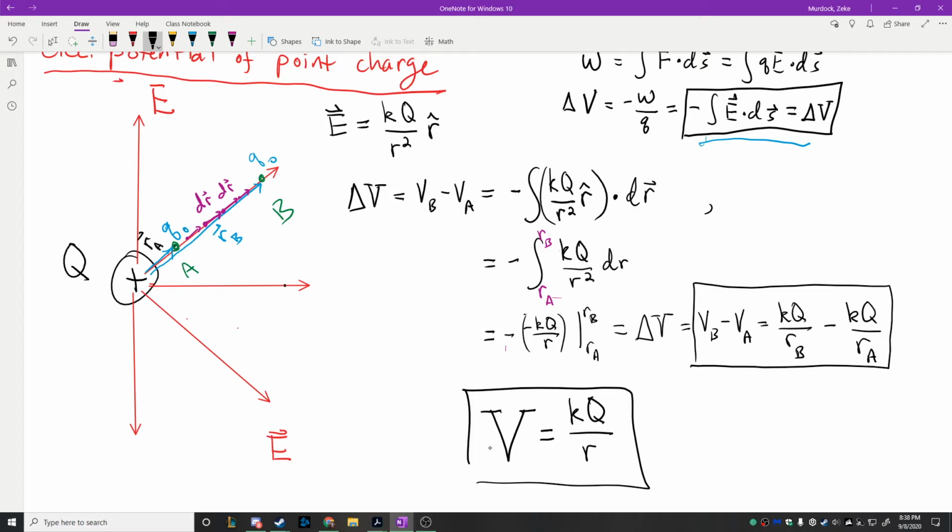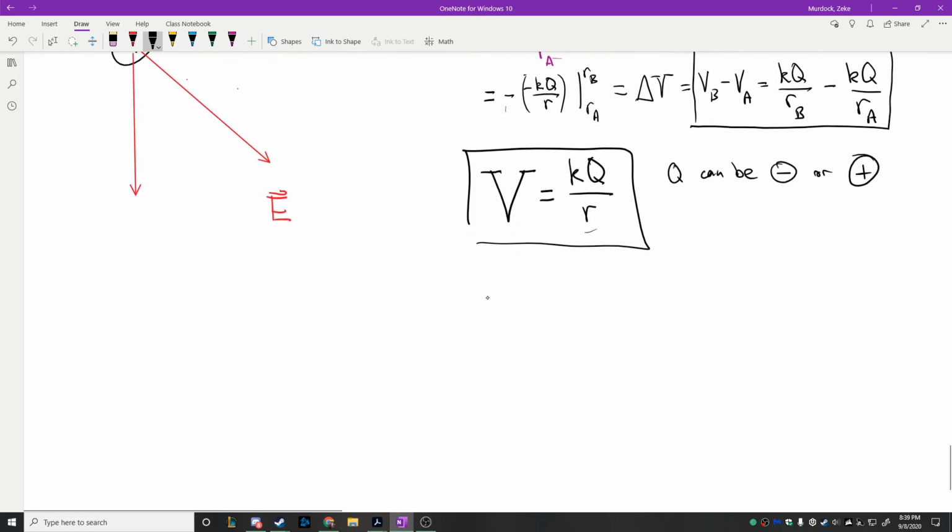And this is an equation where r will always be a positive quantity, but Q can be negative or positive. You need to put the sign of the Q into that equation. That makes sense?